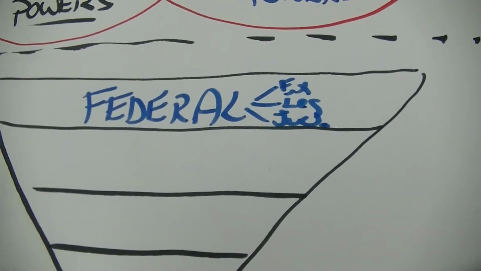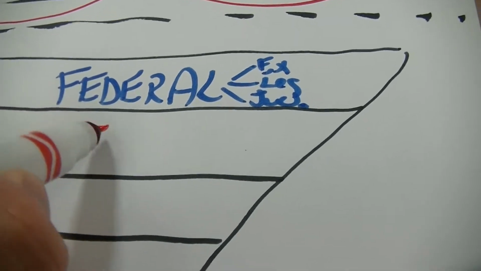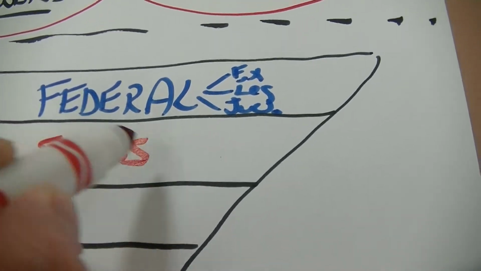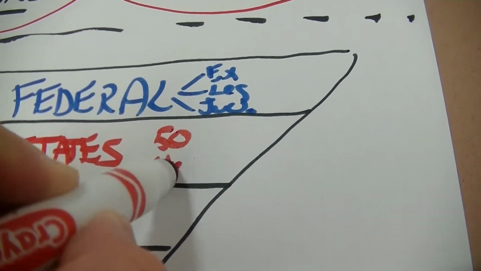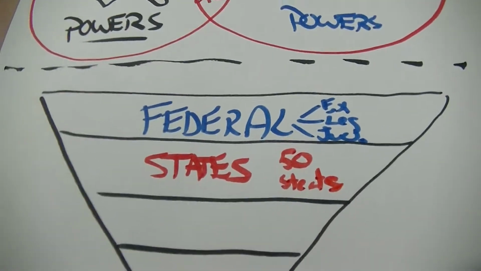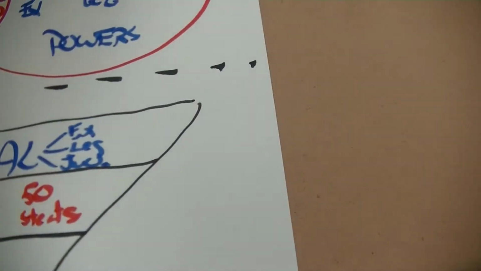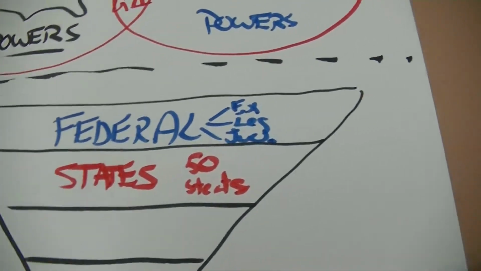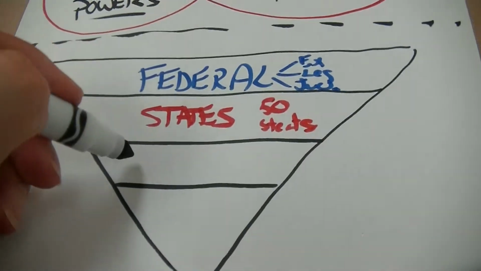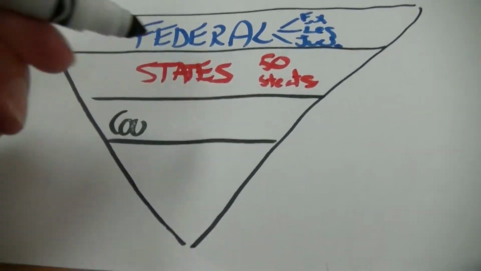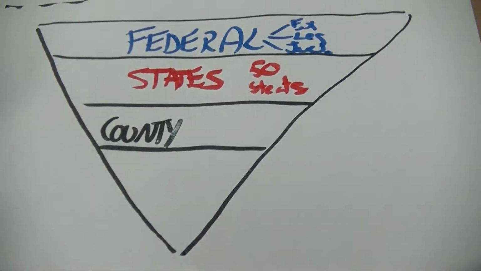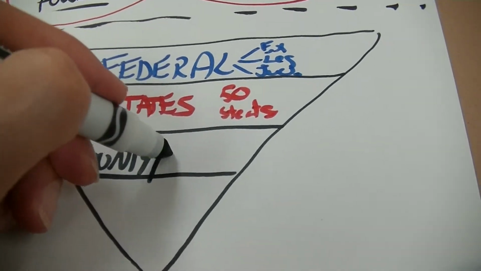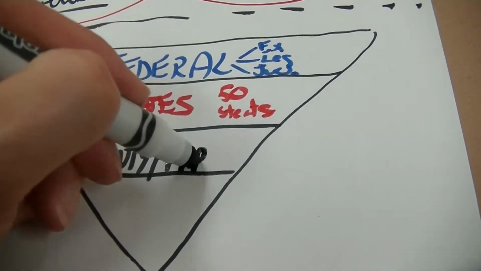All right? Then we have the state. That's the 50 states. That's the states' governments. All right? This is another way it's divided. Then you get even smaller. You have county governments. In some places, they're not called counties, like in Louisiana where I'm from, they're called parishes.